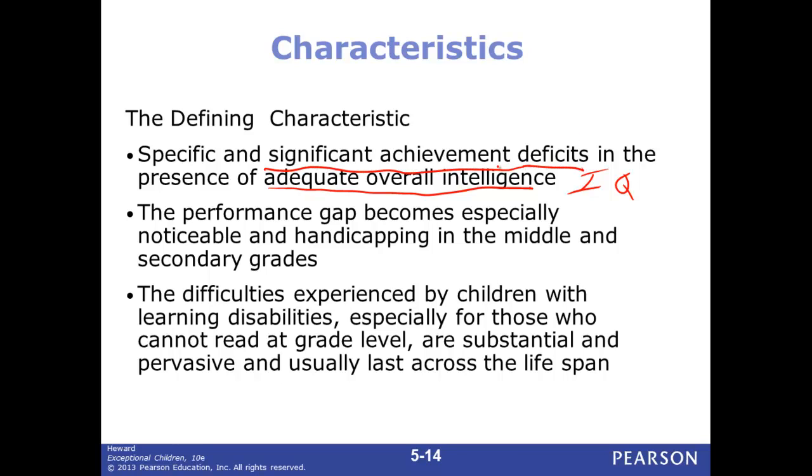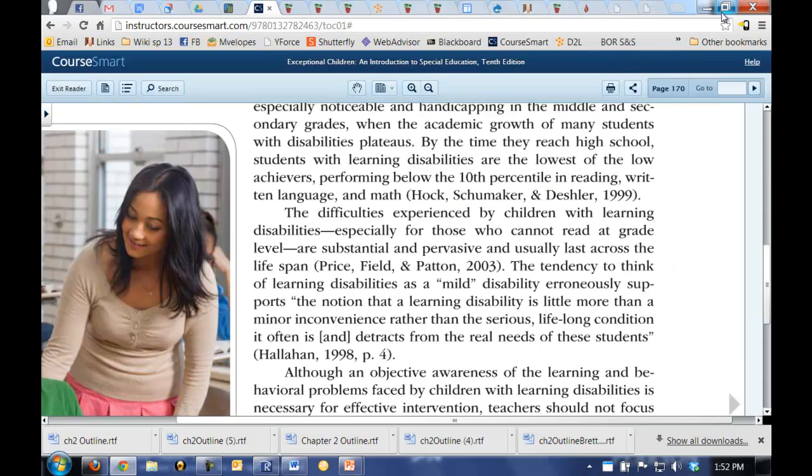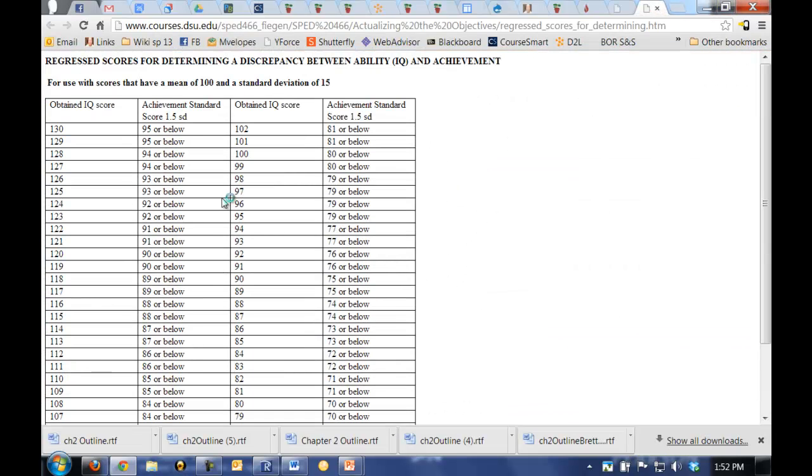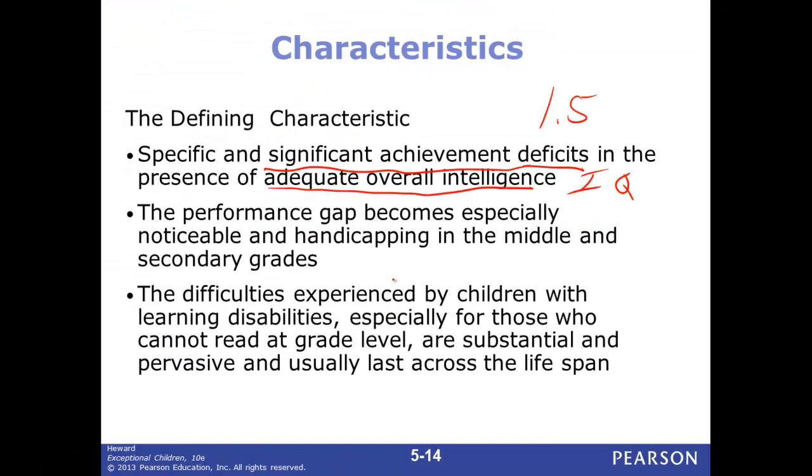Not slight, but significant. Meaning in South Dakota, 1.5 standard deviations. That's the defining thing right here. If they have a 100 IQ, if they have an 80 or below in achievement, that's significant. That's 1.5 standard deviations below. That's what that is. All right.